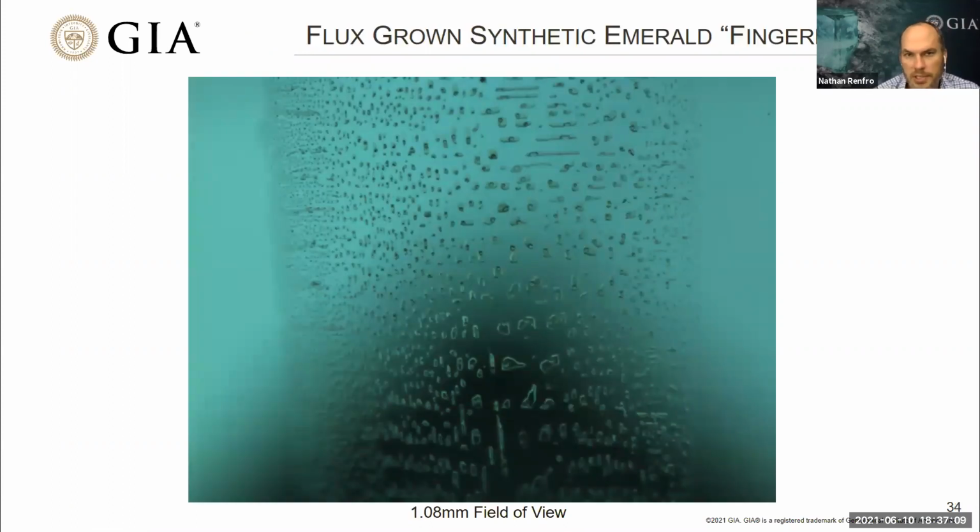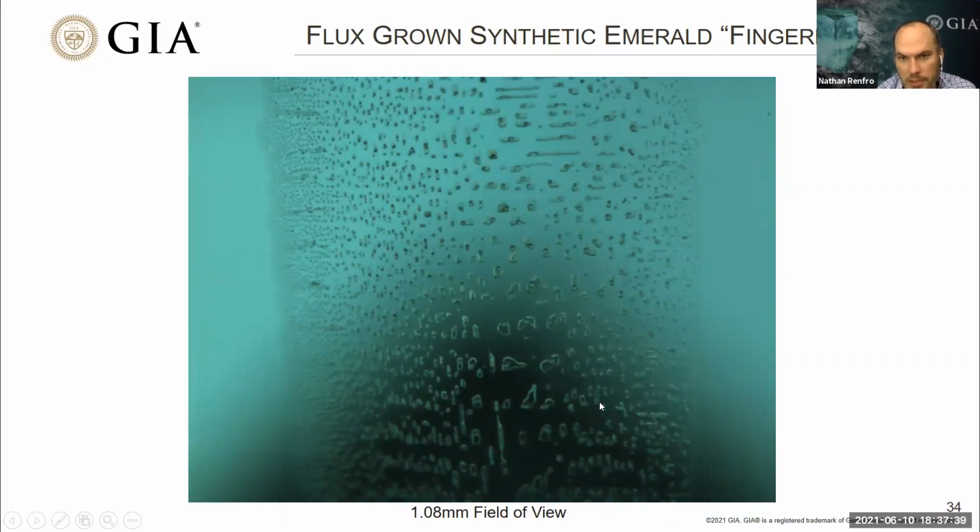Here's another example of a synthetic stone, but this particular one is a fingerprint type of inclusion of flux. And so what you see here is this whole surface in the middle. This was a fracture, and when the stone fractured during growth, the flux residue entered into the fracture and helped to facilitate this sort of repair of the fracture.